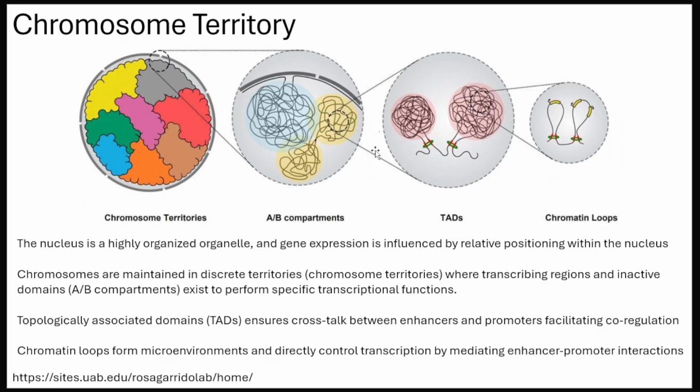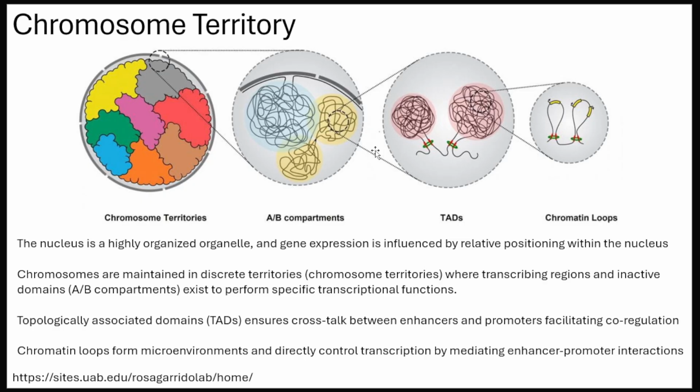It's a whole tree of order. So in the nucleus, gene expression is actually organized in the territories, where different territories promote different genes, but they all have functional similarities, as you can imagine.